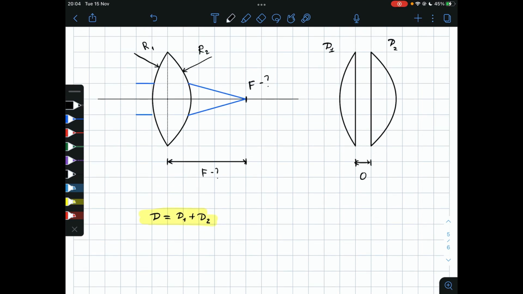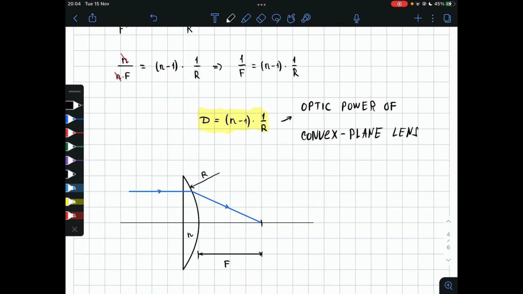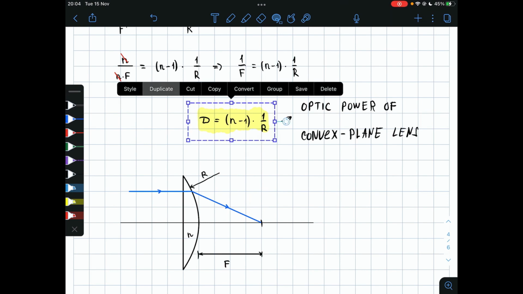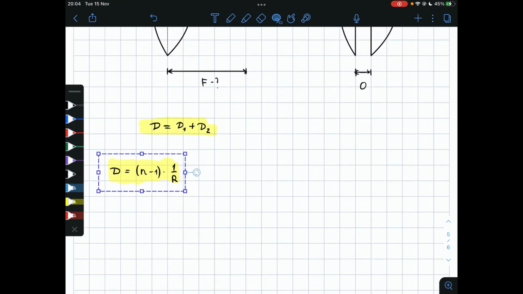So now we know D1. Our first lens is a convex plane surface lens. Its power is equal to n minus 1 multiplied by 1 over R. I will duplicate this formula and move it here. It's going to be D1 because this is our first lens, and R1 is the radius of the curvature.